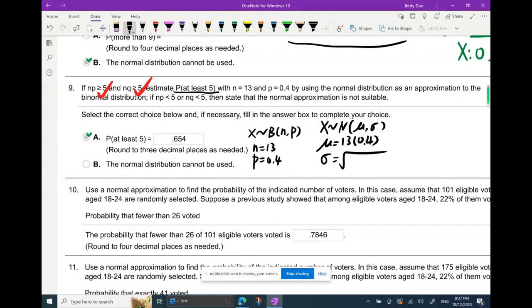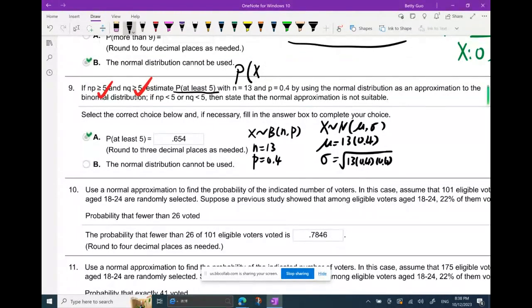And sigma equals the square root of n times p times q. That's the normal distribution we are going to use to approximate the actual binomial distribution. And the probability we are looking for is the probability of at least 5.